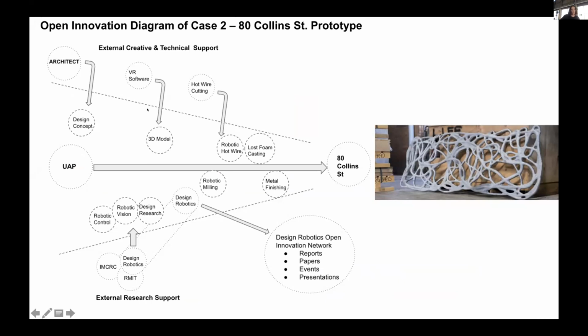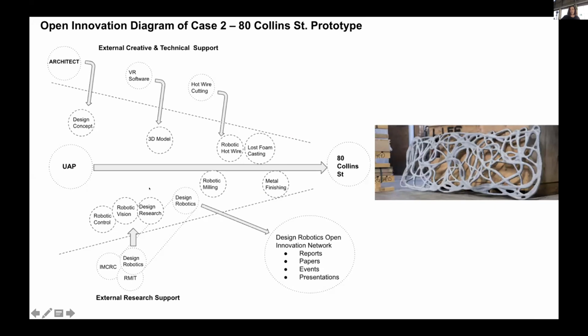But here with UAP, we can see how the design is coming in from the architect. The design concept is generated with UAP. They brought in knowledge from VR software to generate that 3D model. And then they're using hot wire cutting and adapting that to a large industrial robotic process to generate the pattern. Then they used lost foam casting to generate this panel.